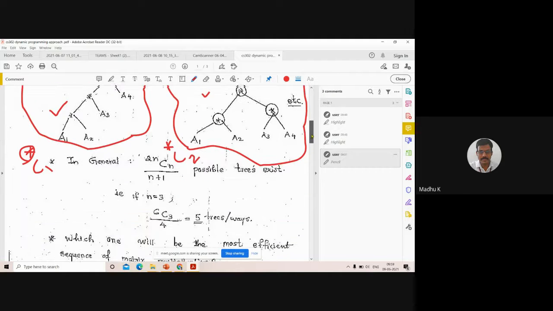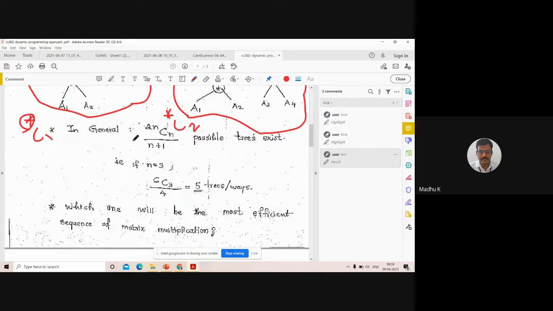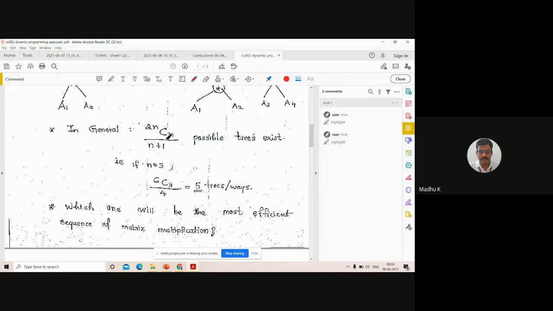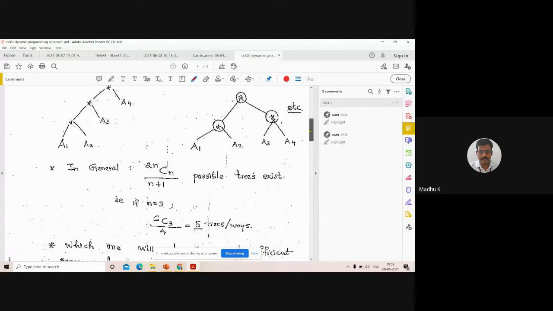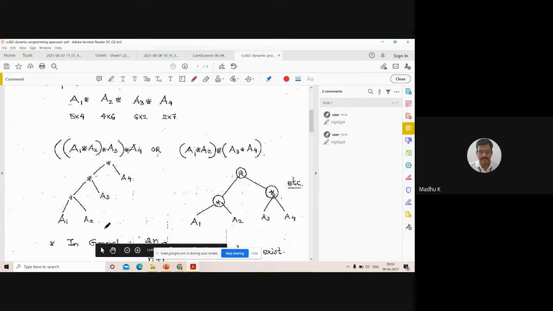In general, if you consider n nodes in a tree, then you can create this number of trees. If n is equal to 3, there are 5 trees possible, and here I have drawn only 2 trees.